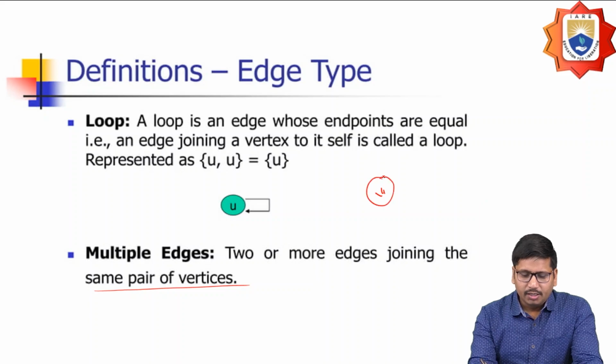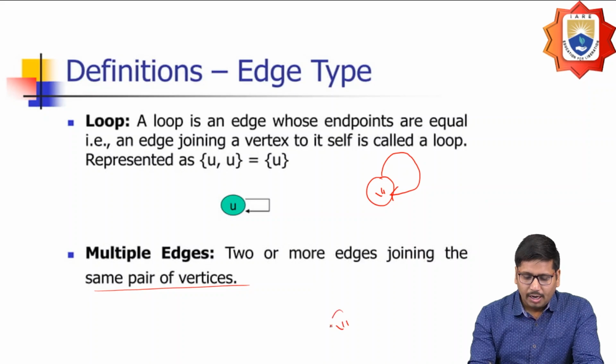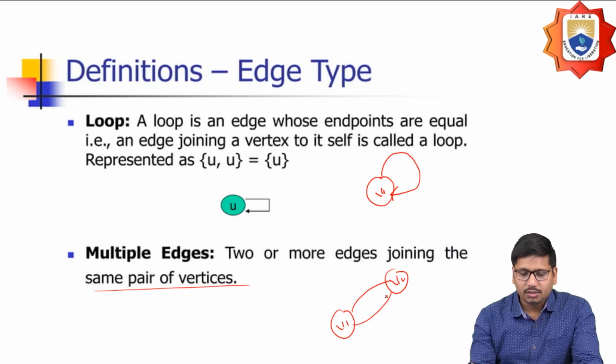So whenever there is an edge starting and ending at the same vertex, it is called a loop, whose endpoints are equal. And multiple edges means that whenever edges pass from one vertex to another vertex, two or more edges joining the same pair of vertices are called multiple edges.